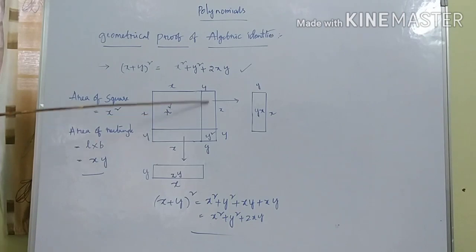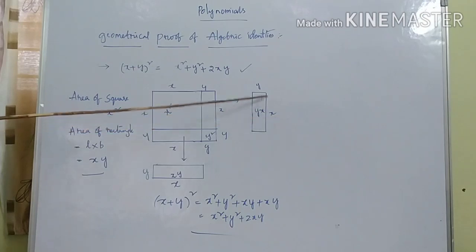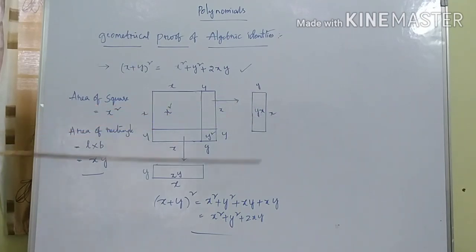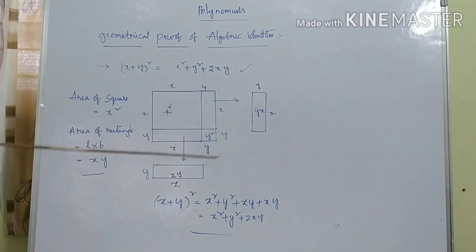The area of this rectangle is x into y, because of the area of rectangle formula, length into breadth. So here length is y and width is x. Here also length is x, width is y. So the area of this rectangle is xy or yx. This one is also xy or yx.